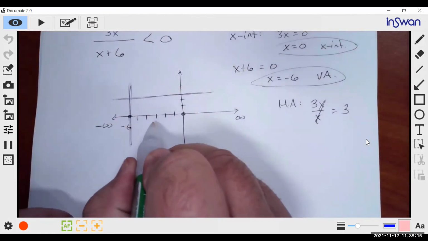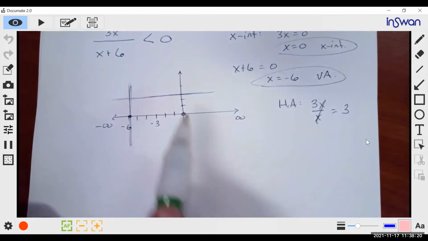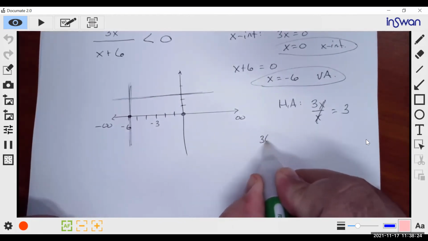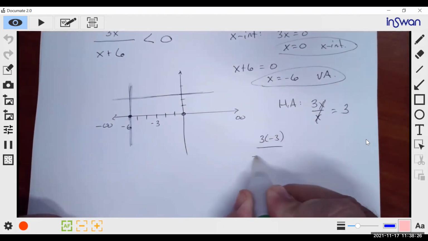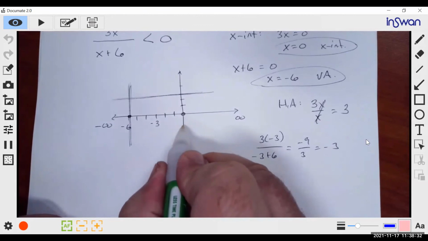So let's look at this. At -3, if I plug in -3 in this equation, what do I get? 3 times -3 over -3 plus 6. -9 over 3 is -3.